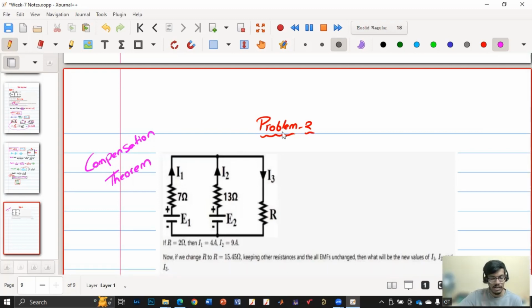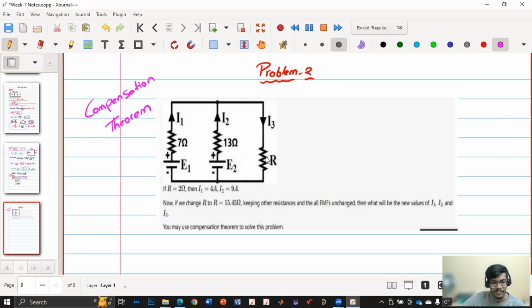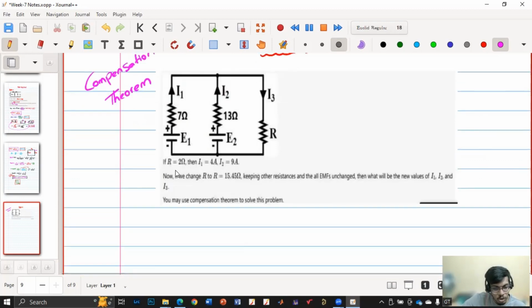They have given this circuit, and initially R is 2 ohm. Now they have changed R to 15.45 ohm. Previously the current was I3. Now they are asking what will be the new values of I1, I2 and I3.